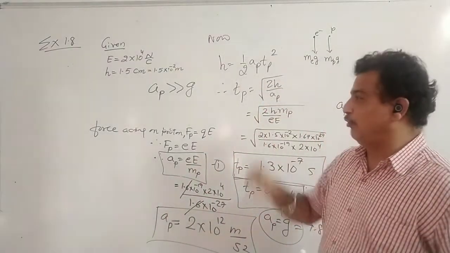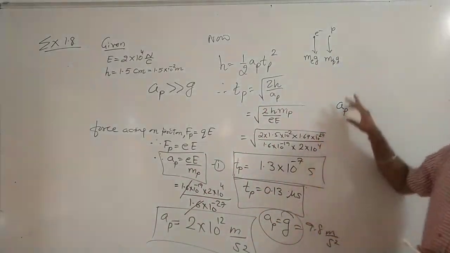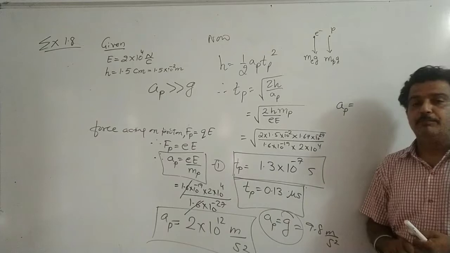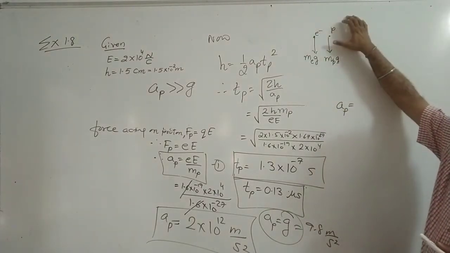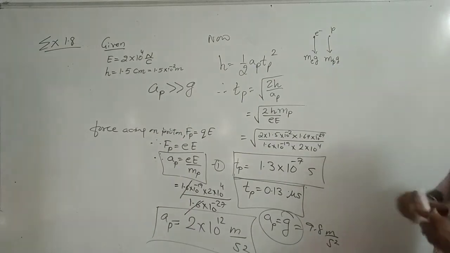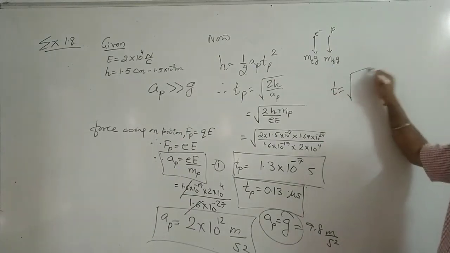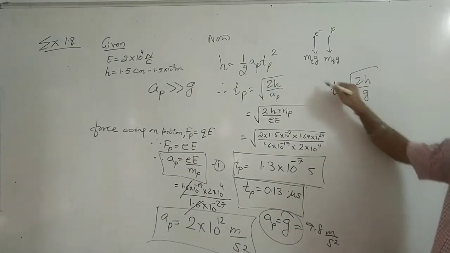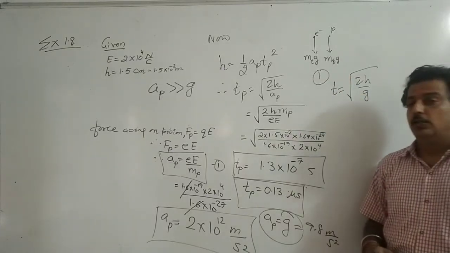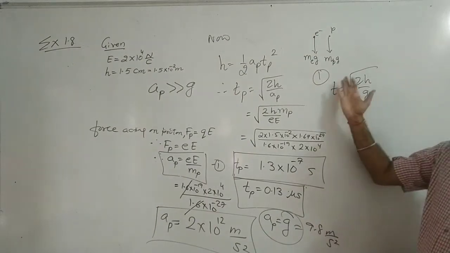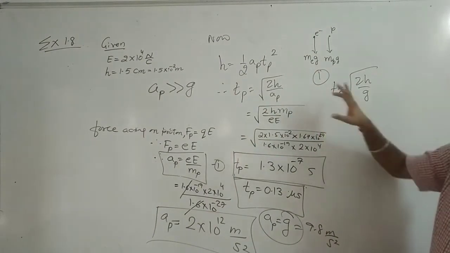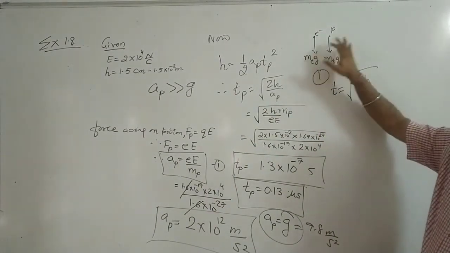So in the presence of only gravity, the time does not depend on the mass of the particle, whether it is a lighter particle or a heavier particle, both will reach at the same time, because the formula is square root of 2h by g. This is what we conclude from this example. So in contrast to the electric field, this time is the same whether it is an electron or proton.